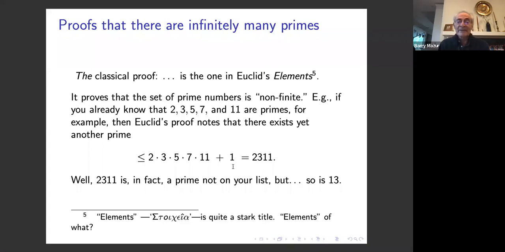And that number is divisible by some prime or other. And so therefore there's another prime not on that list of primes you have accumulated up to that point. In this case, that product plus 1 is in fact a prime, but of course there are others way before it.